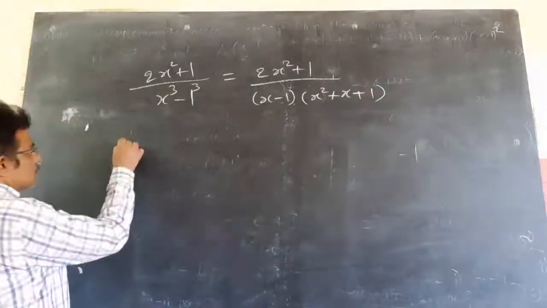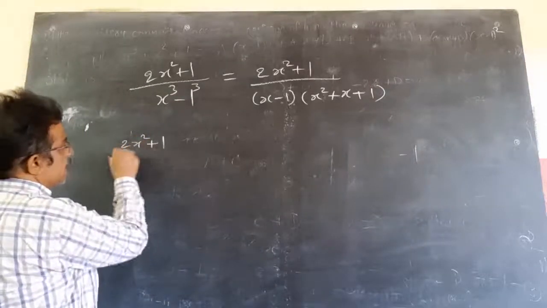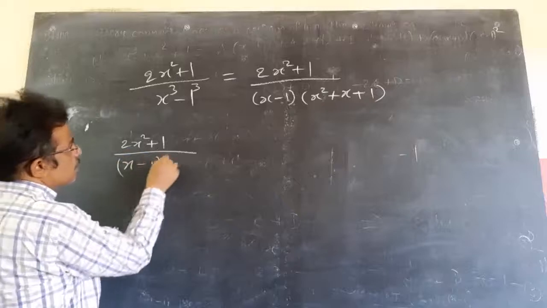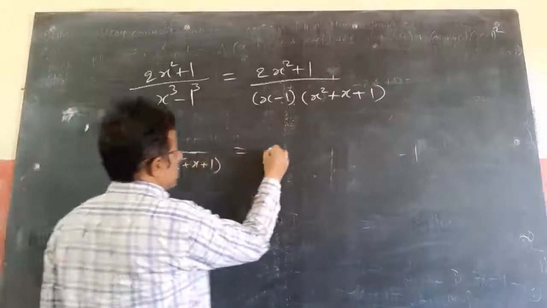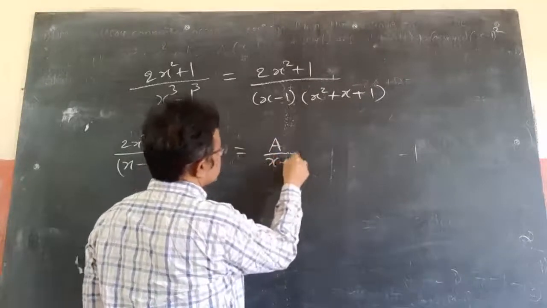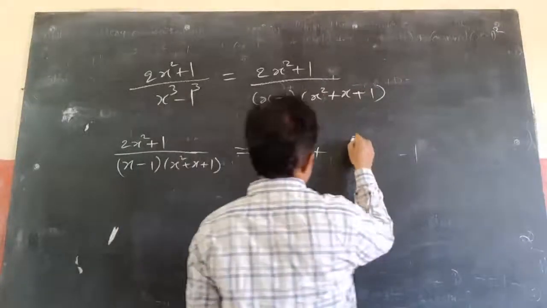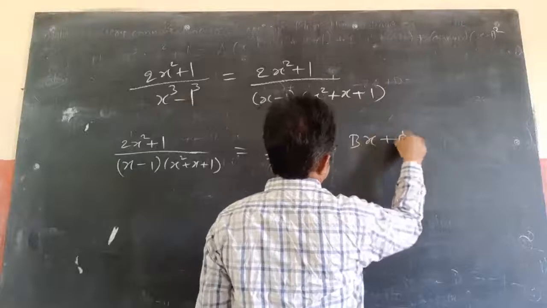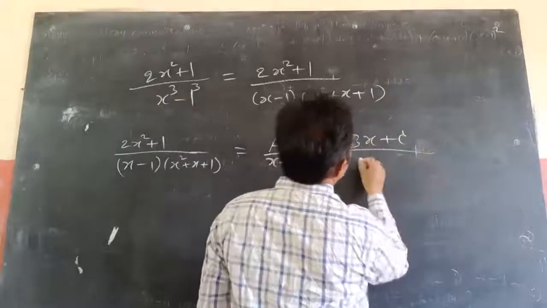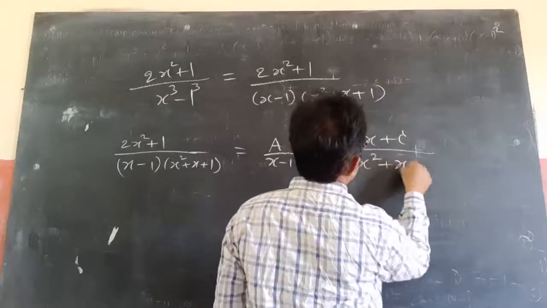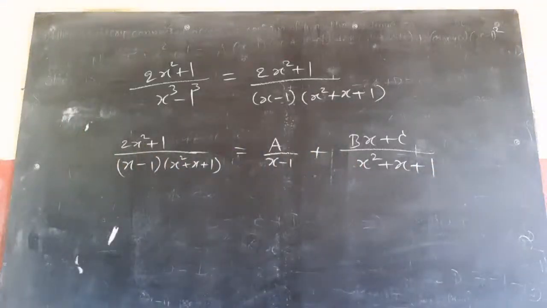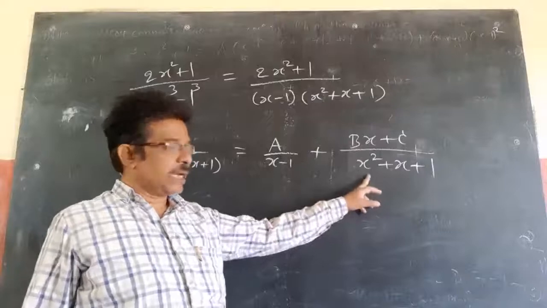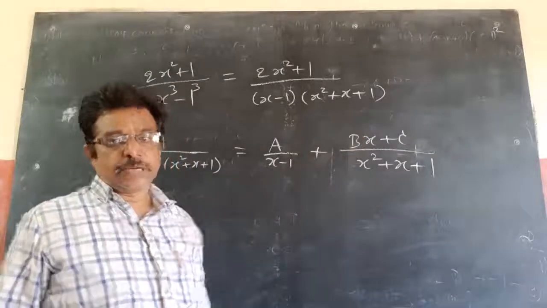So 2x square plus 1 by x minus 1 into x square plus x plus 1 equals a by x minus 1 plus bx plus c by x square plus x plus 1. This is a quadratic irreducible, that's why I am taking linear in the numerator.